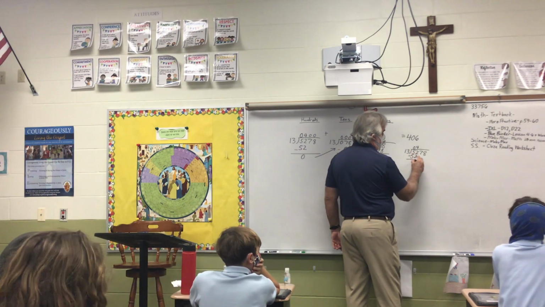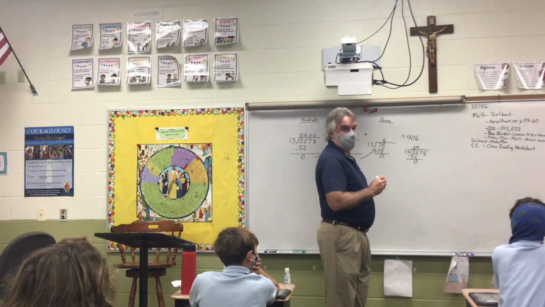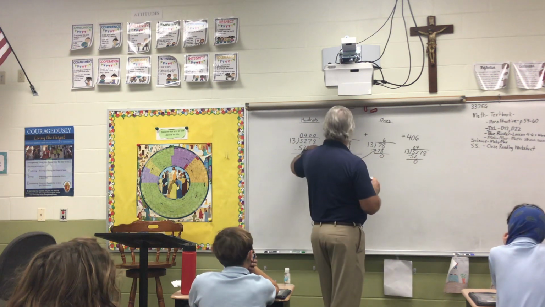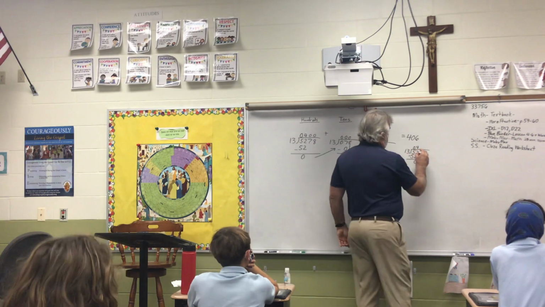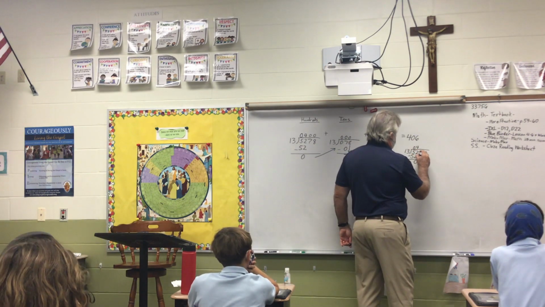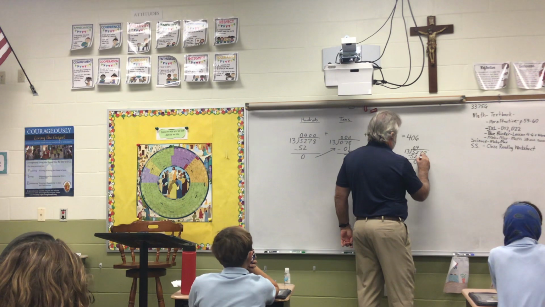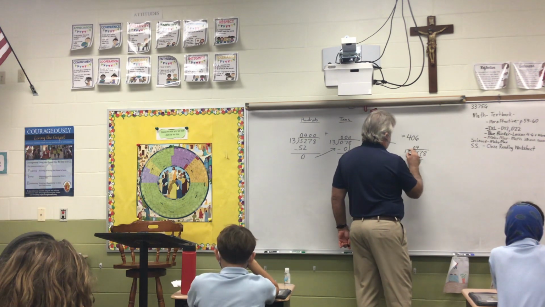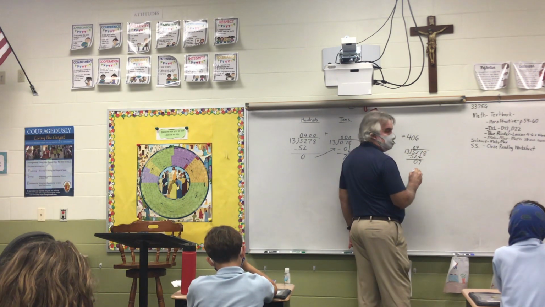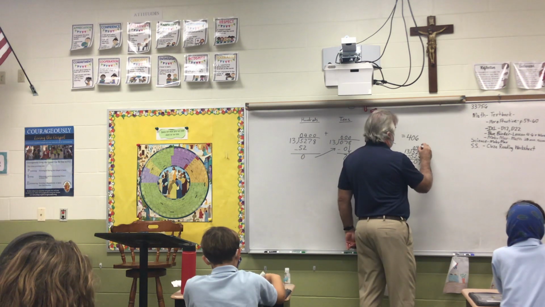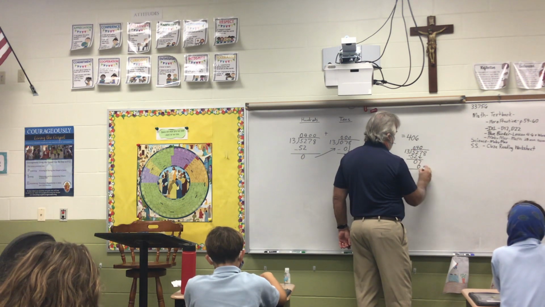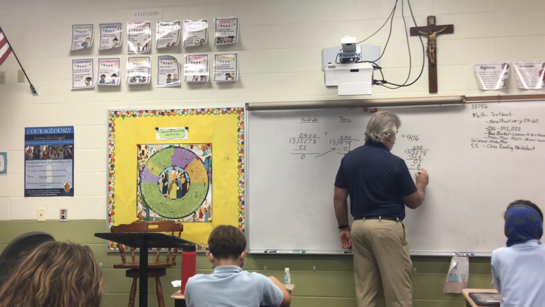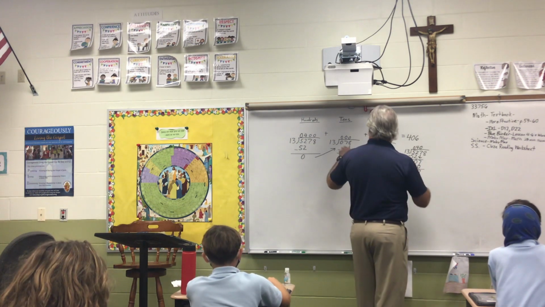Subtract, I get 0. Okay? This is this. Okay? Now I'm going to bring down the 7. 13 goes into 7 0 times. 0 times 13 is 0.